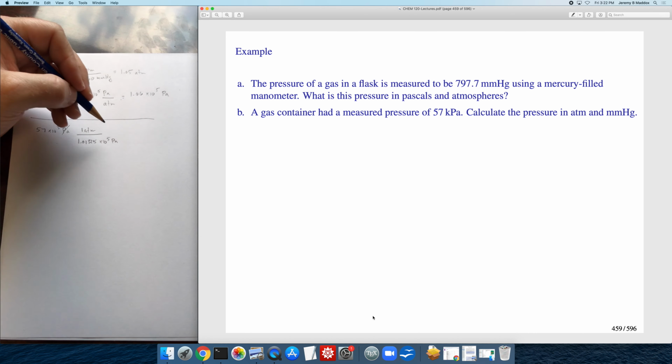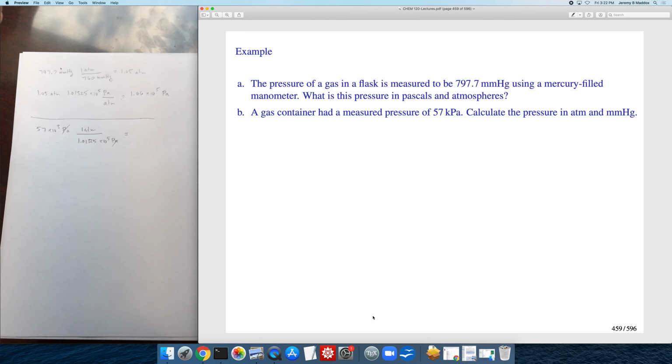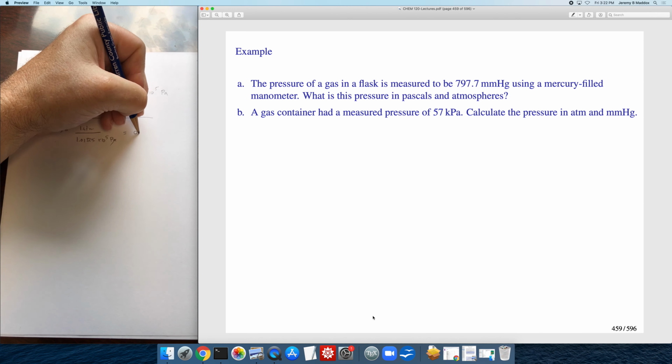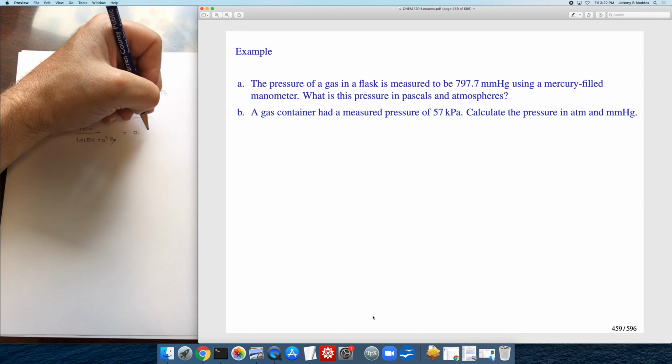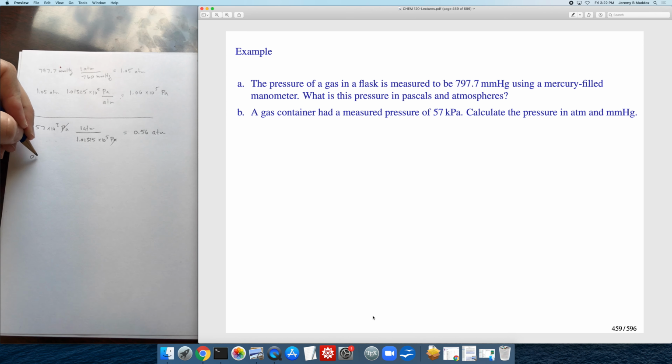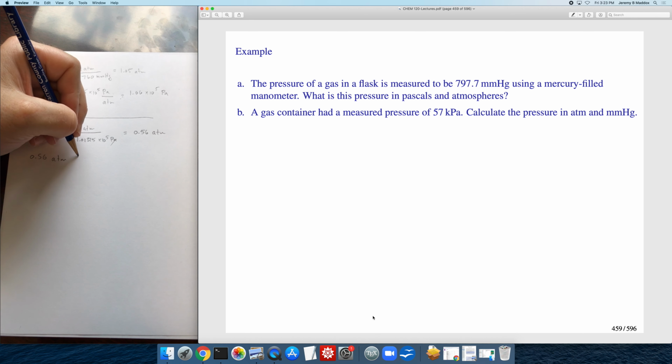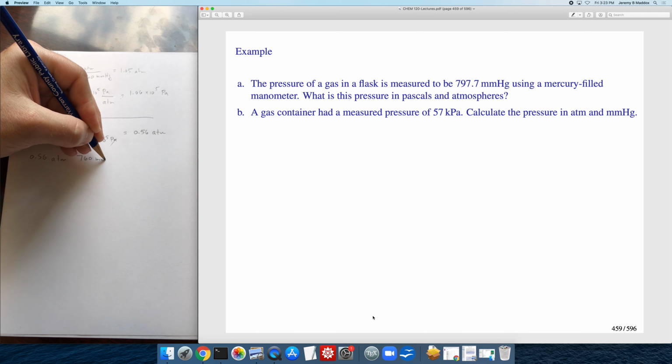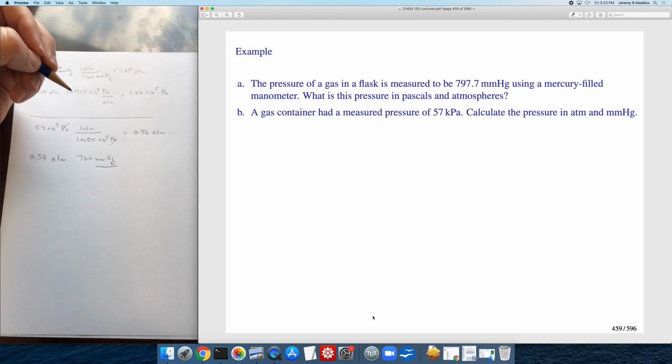That way the pascals cancel and we'll get the number in atmospheres. And so I'm getting about 0.56 ATMs. And then to convert that to millimeters of mercury, we'll take that times 760 millimeters of mercury per ATM.